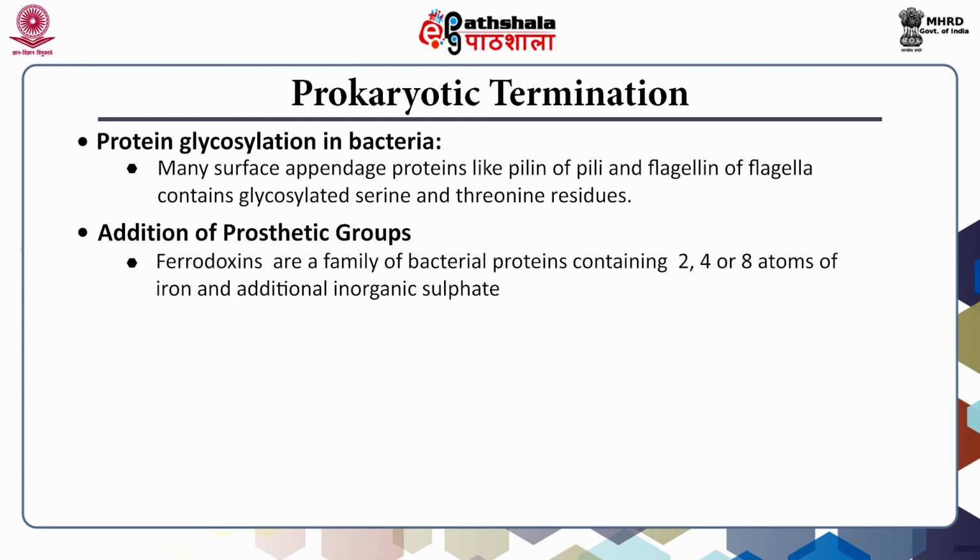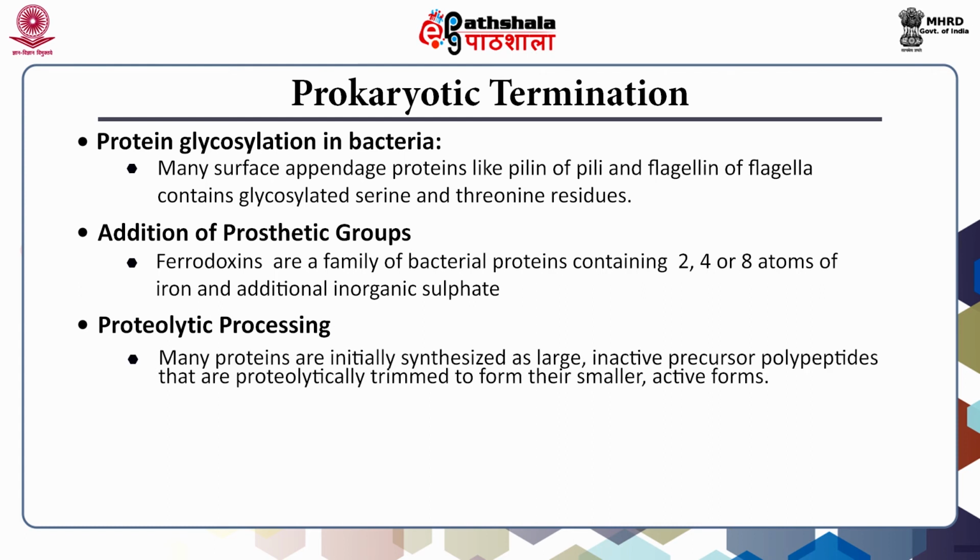Next type of post-translational modification includes proteolytic processing. Many proteins are produced as large inactive form of proteins which are known as precursors. Later during the post-translational modifications, they are proteolytically cleaved into smaller active forms of the proteins.